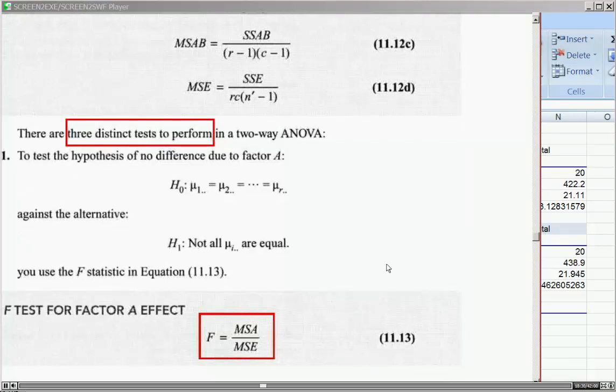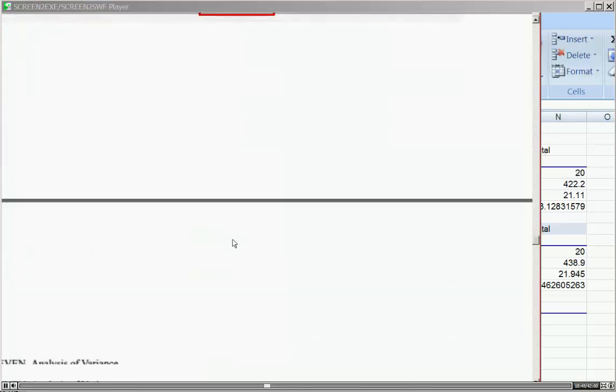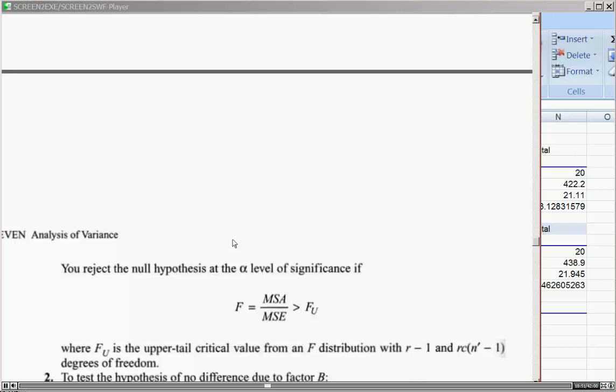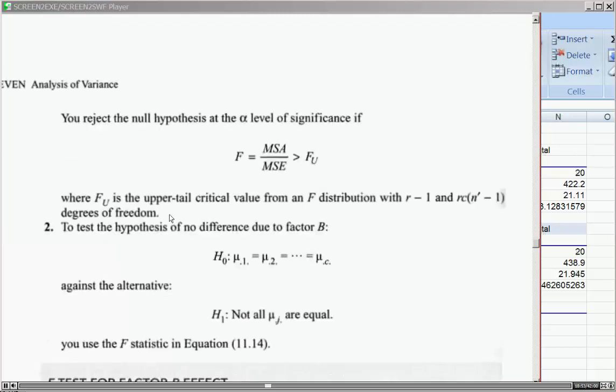Okay. Of no difference due to factor A, 3 distinct tests to perform. There is no difference due to factor A. There's the alternative. There is a difference in means due to factor A. Another test, test number 2, no difference due to factor B. The means are the same.